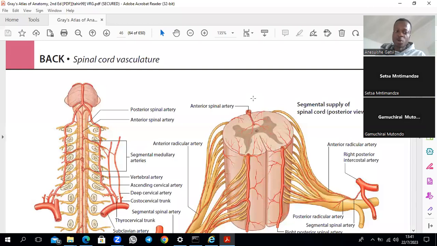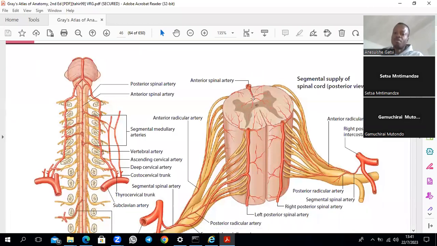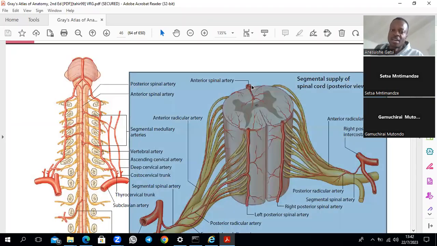Then still on this, in terms of blood supply to the spinal cord in general, the spinal cord, on its anterior surface, gets blood from one anterior spinal artery. However, on the posterior aspect, there are two posterior spinal arteries. Right.